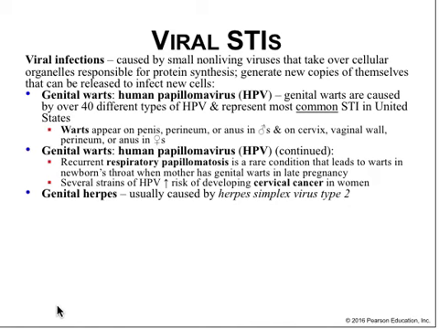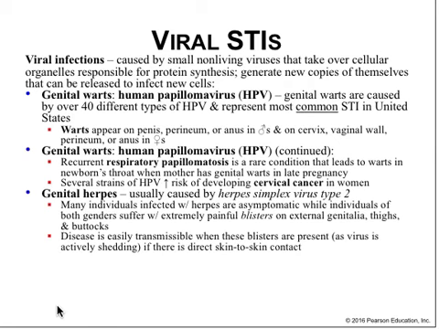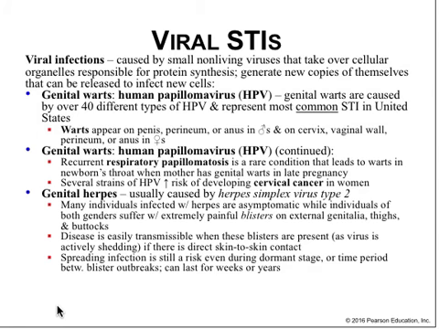Genital herpes is caused by herpes simplex type 2. Many individuals infected with herpes are asymptomatic, while individuals of both genders suffer with extremely painful blisters on the external genitalia, thighs, and buttocks. The disease is transmissible when these blisters are present, as the virus is shedding if there is direct skin-to-skin contact.